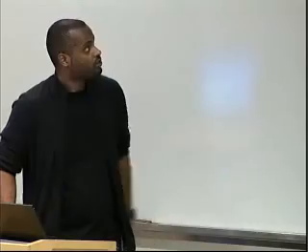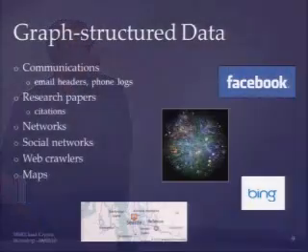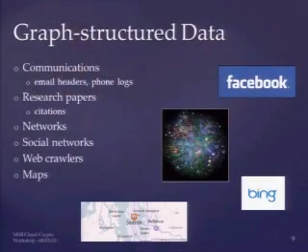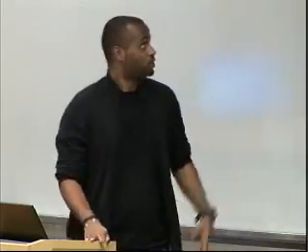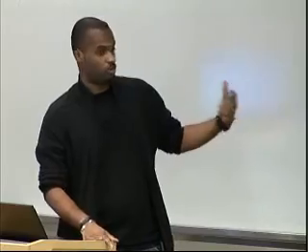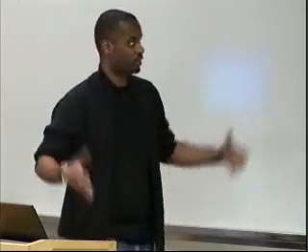So this is a problem that we consider in this paper, and we focus on a particular type of data, which is graph structured data. And this type of data is ubiquitous and is being generated at a huge rate, right? Basically, any communication between people generates graphs. If you look at email headers, if you look at phone logs, you're going to get huge graphs.